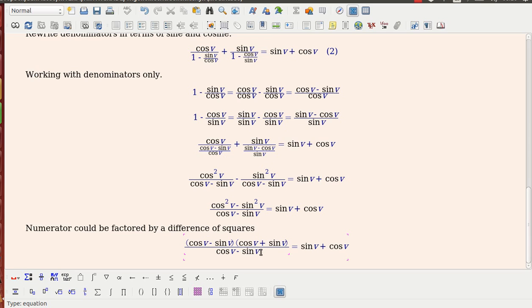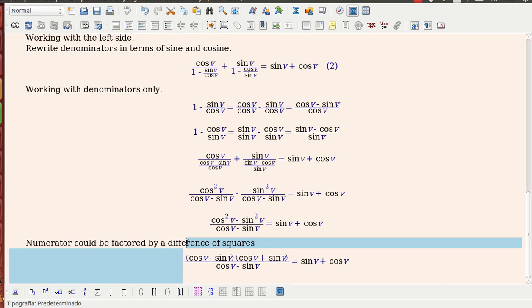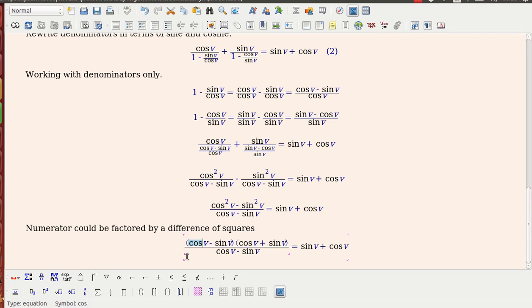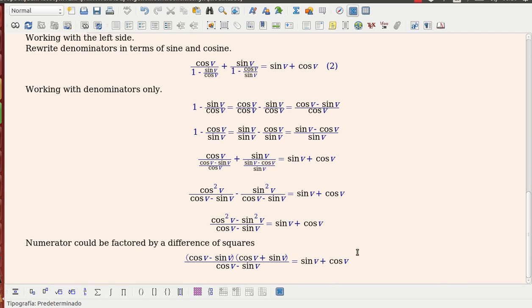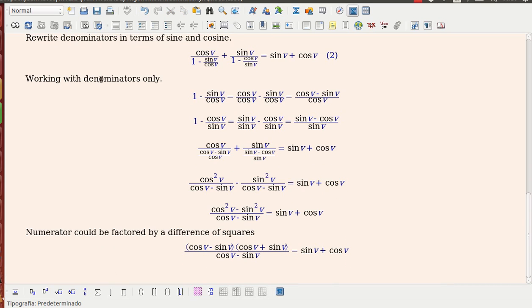Now, as you can notice, I can reduce the fraction by simplifying common factors. Cosine of b minus sine of b in the numerator is a common factor with cosine of b minus sine of b in the denominator. So I can simplify this term with this term. If I simplify it, what do I have?